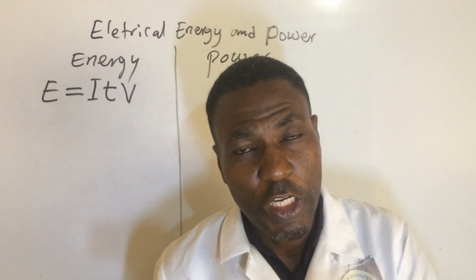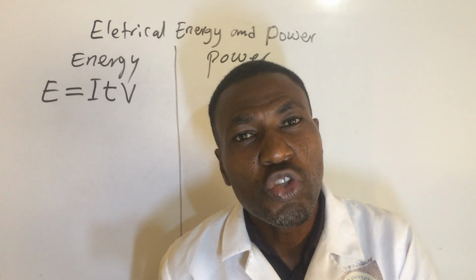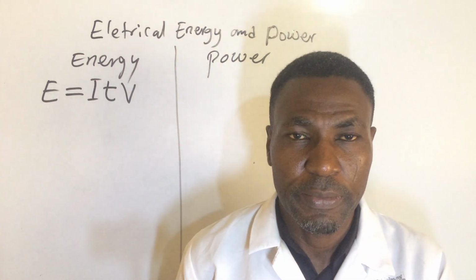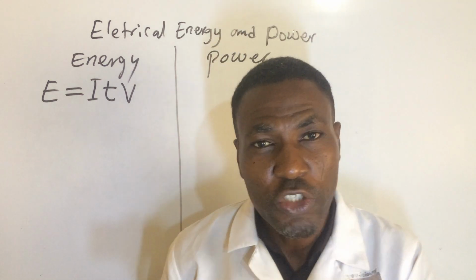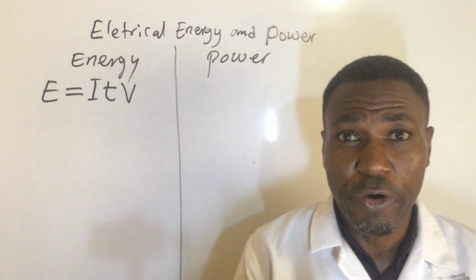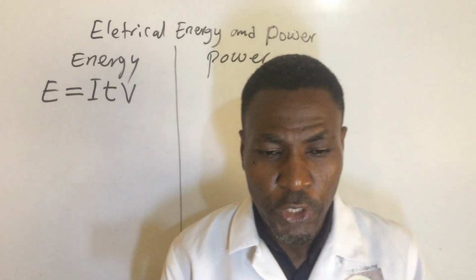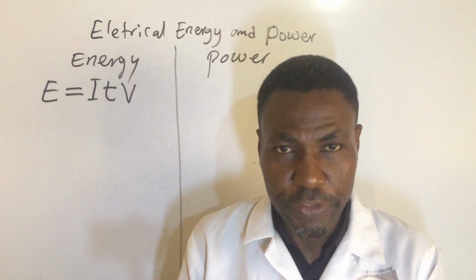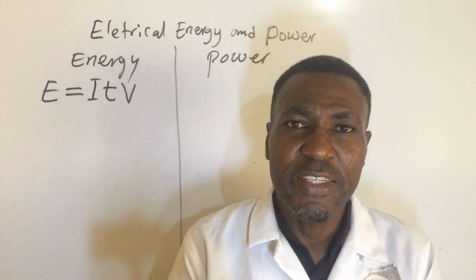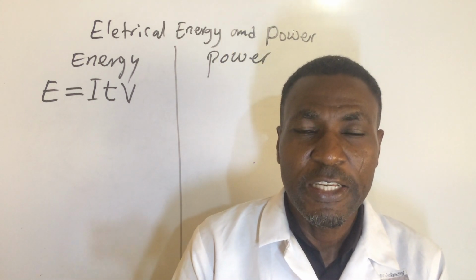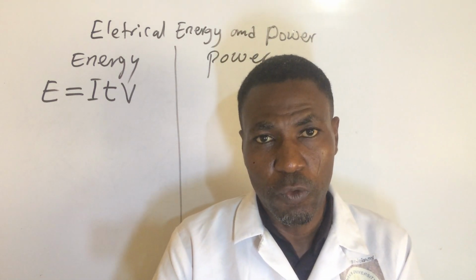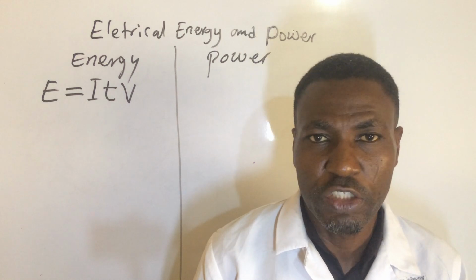Take for instance in Nigeria, we use 220 volts. That is the voltage of power in Nigeria. So if you bring your grinder, for example, you look at the specification from the company. If the company has written that the grinder can be used in 220 volts, then it is usable in Nigeria.